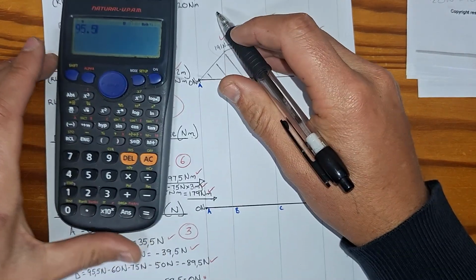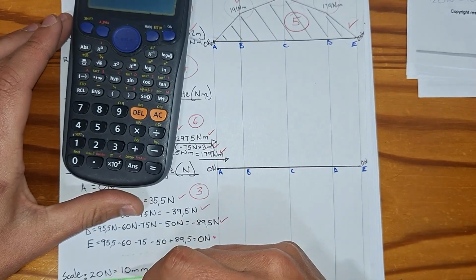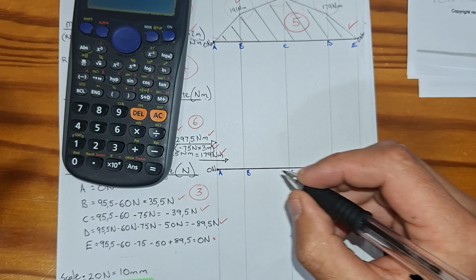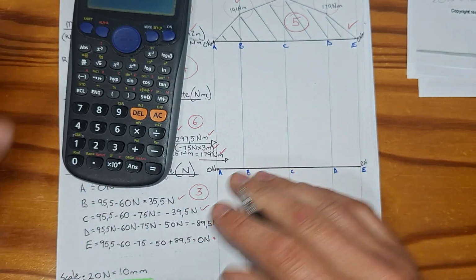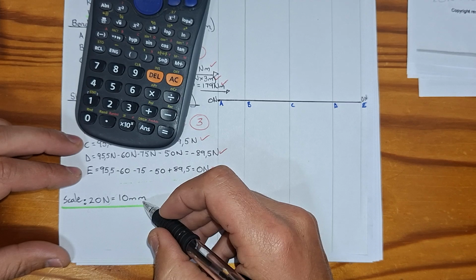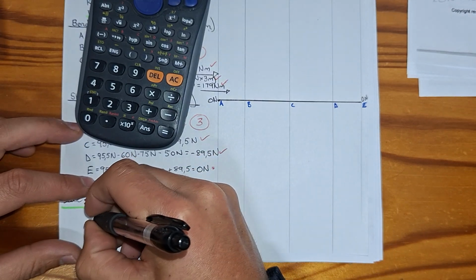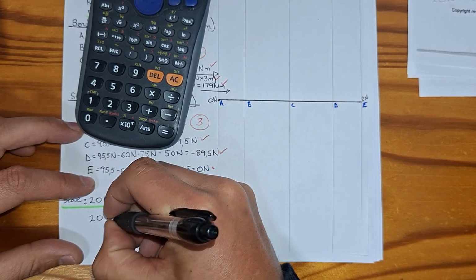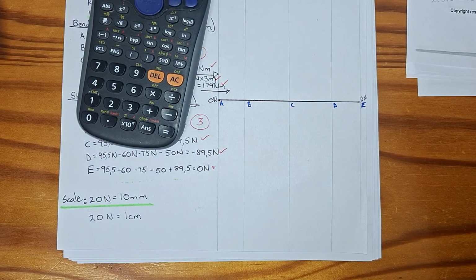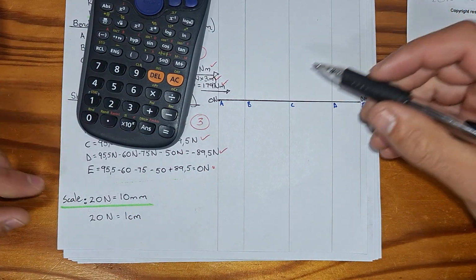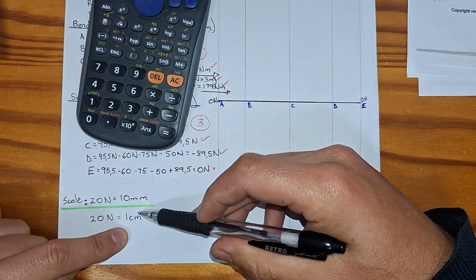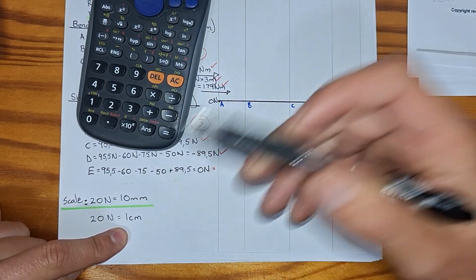We have to consider the scale that's given, 20 newtons equals 10 millimeters. We can simplify this a bit for ourselves by saying we know that 10 millimeters equals 1 centimeter. So I'm just going to say 20 newtons equals 1 centimeter. You can choose whichever way you prefer to work this, but you can agree with me that this means exactly the same thing.